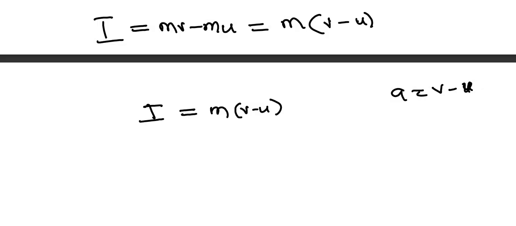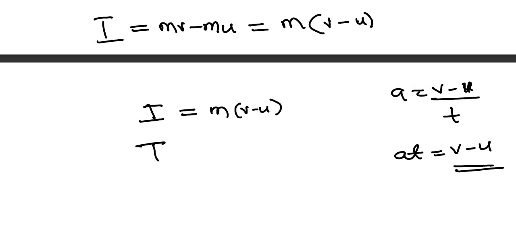This was simply our acceleration. So where there is v minus u, I can just replace it by at. Is this okay? You're seeing this? Yes, I am seeing this. So impulse is the same as mass times acceleration times time.